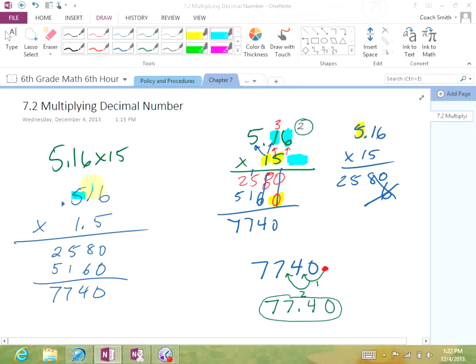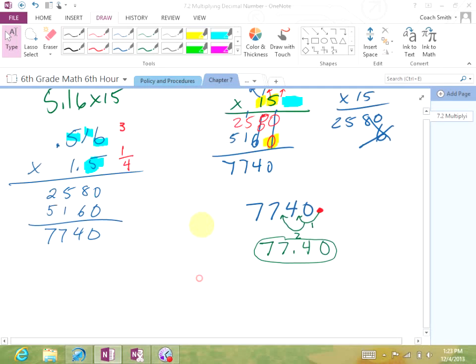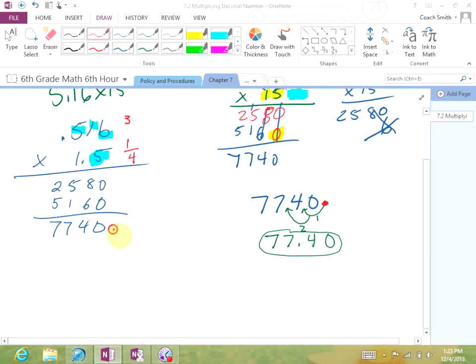I have 1, 2, 3 numbers behind the decimal. And then I have 1 more number behind the decimal, for a total of 4 numbers. So I would take the decimal, which is right there, and I would move it once, twice, 3 times, 4 times. 1, 2, 3, 4.